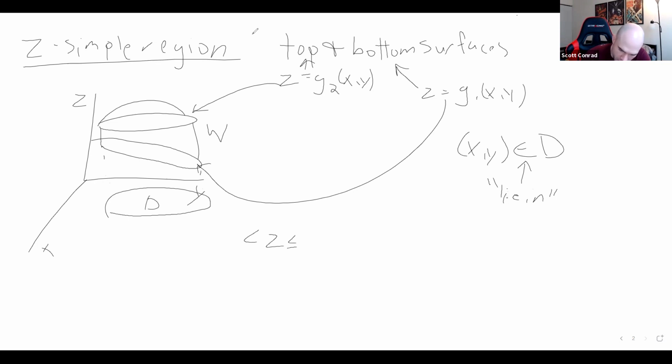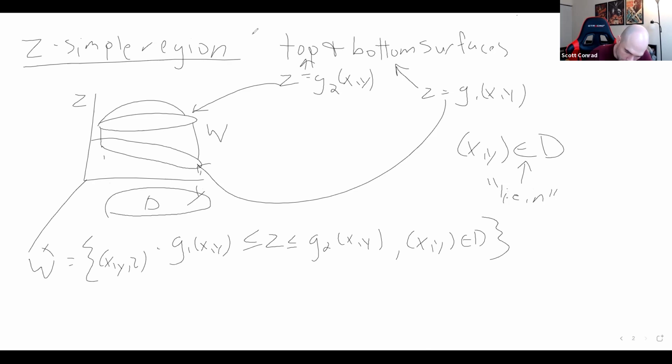So we say z lies between g1 of x, y on the bottom, g2 of x, y on top, and then we say x and y lie in D. So it's the set of points x, y, z satisfying these. So this is a z-simple region, top surface, bottom surface, and the sides are given by where x and y live.